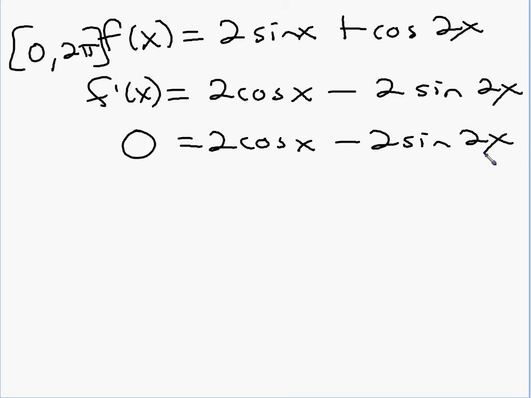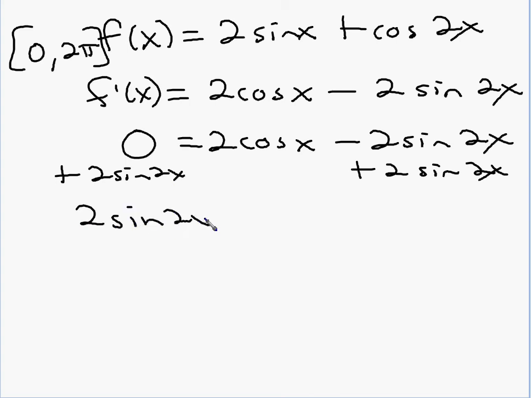Now, there's a couple different ways that you could tackle this problem. One way is you could add this 2 sine of 2x to both sides, and you would have 2 sine of 2x equals 2 cosine of x.